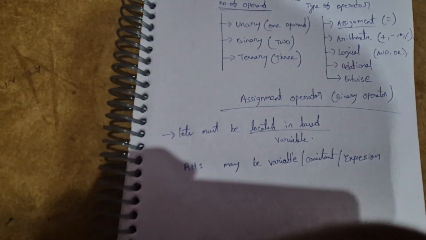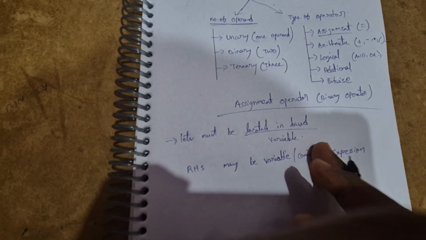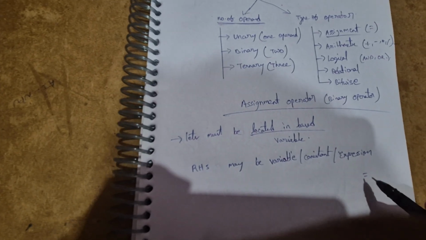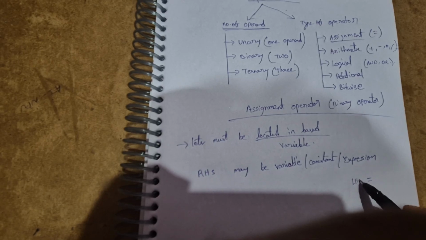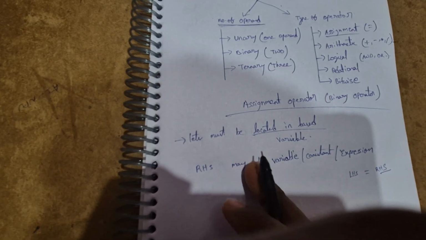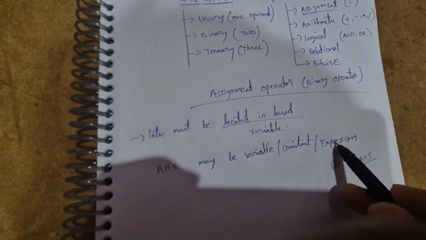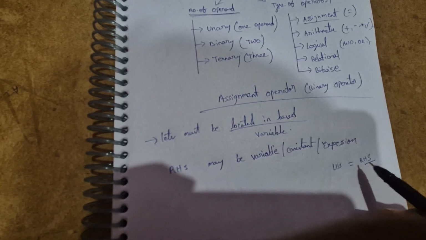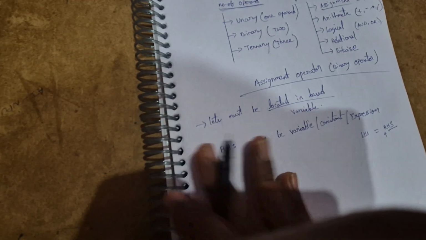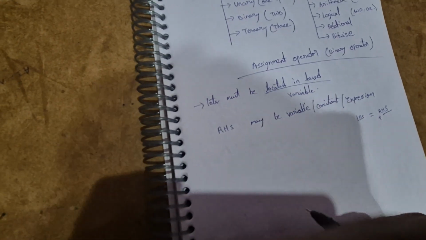In an assignment operator, the left side must be a variable. This is the LHS and this is the RHS. The RHS may be a variable, a constant, or an expression. Anything can be there in the RHS. I will explain with some simple examples so you can clarify this.